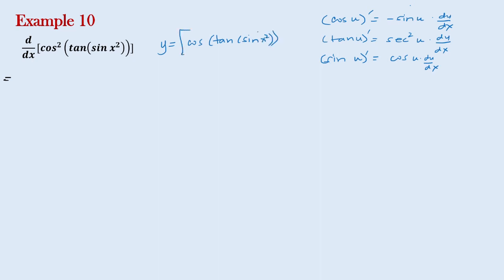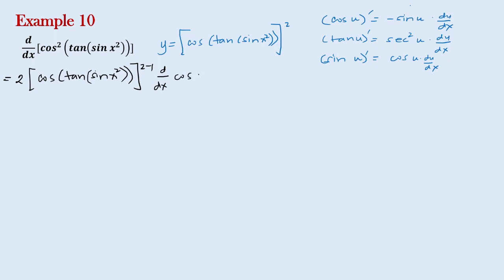raised to 2. So as you can see here, we will be doing a lot of chain rule. So derivative of the outside function leaving the inside. So that would be 2, and we have cosine of tangent sine x squared, and then we have 2 minus 1. And we need to get the derivative of the inside function.